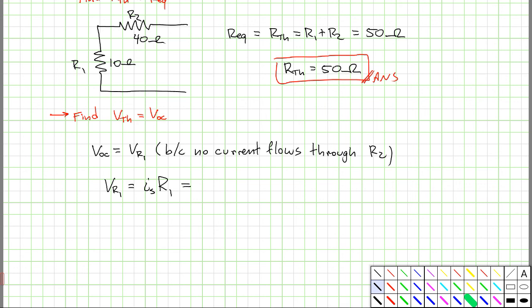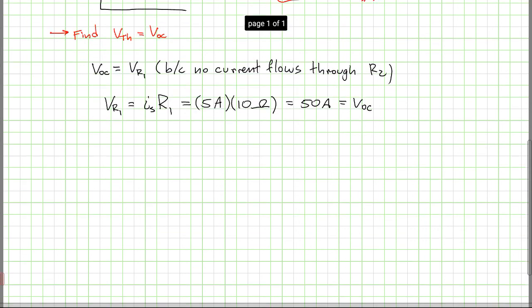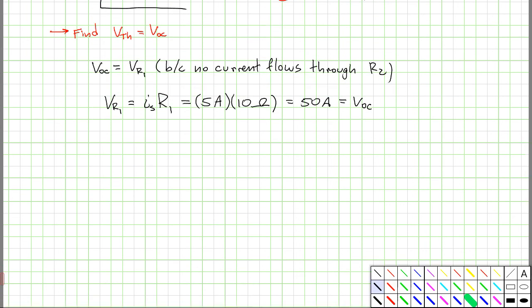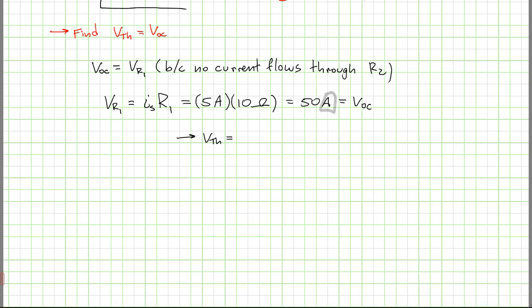Which is 5 amps times 10 ohms. So that is 50 amps, right? So that's my open circuit voltage, which by definition is my Thevenin voltage. So that tells me that my Thevenin equivalent voltage, did I say amps? I meant to say volts, obviously.